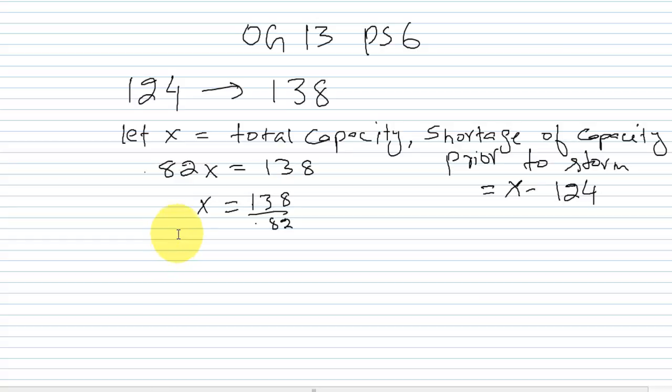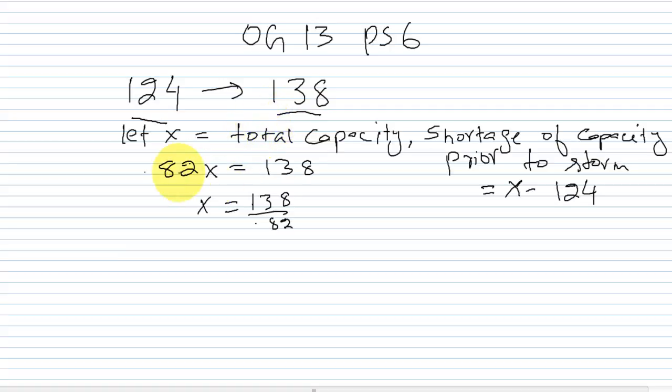In problem 6, we're told that in a state, because of a rainstorm, the water stored in a reservoir increased from a capacity of 124 billion to 138 billion.